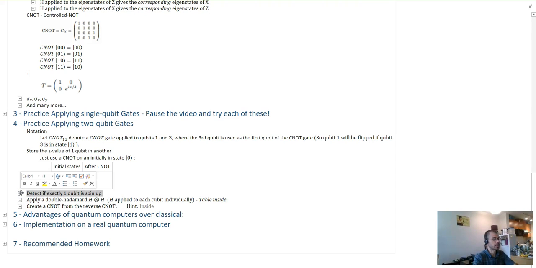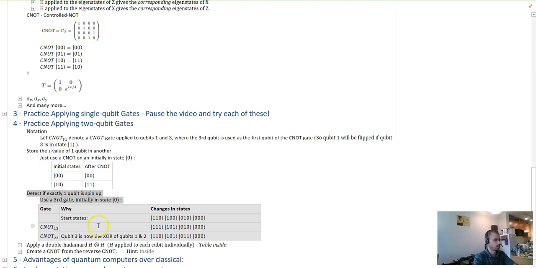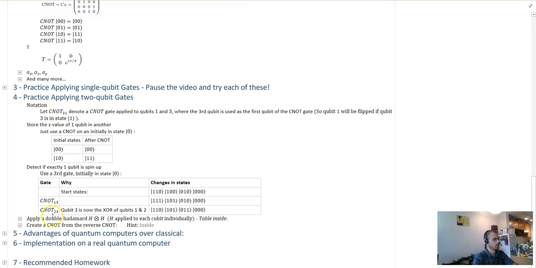Cool. So, detecting if exactly 1 qubit is spin up. Here we're just doing 2 C-NOTs where we flip qubit 3. If we flip it twice, there must have been two 1s.